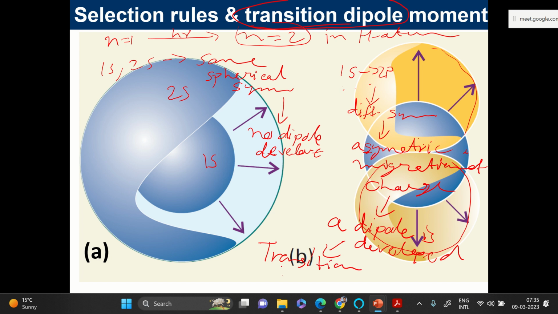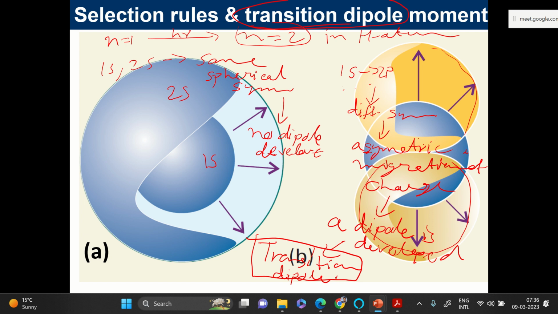और इसका जरूरत क्यों है? It is important because this transition dipole is a dipole which will interact with the oscillating electric field vector in the light.